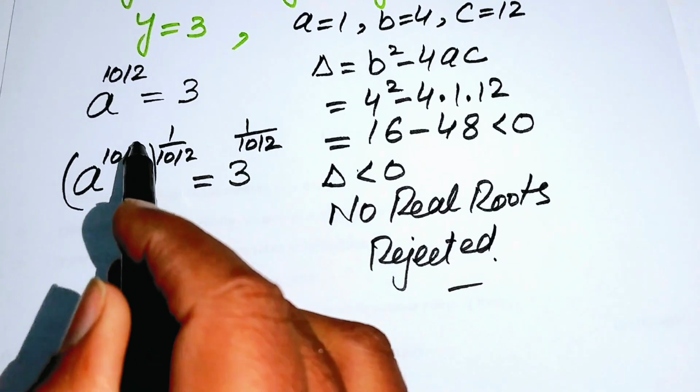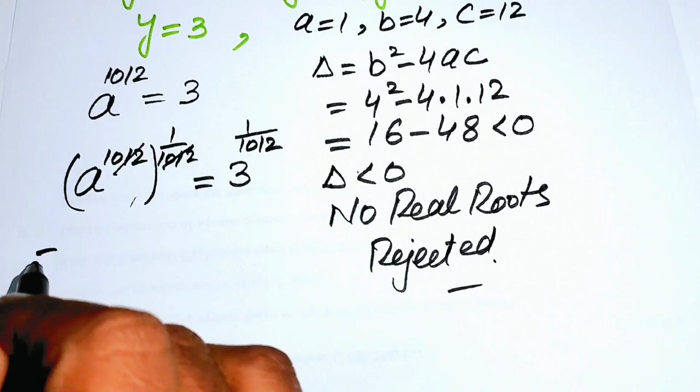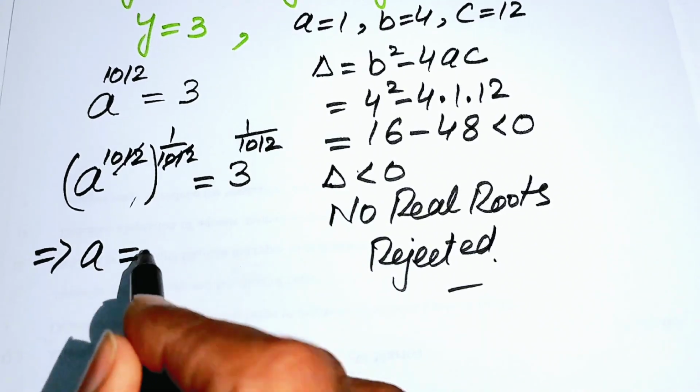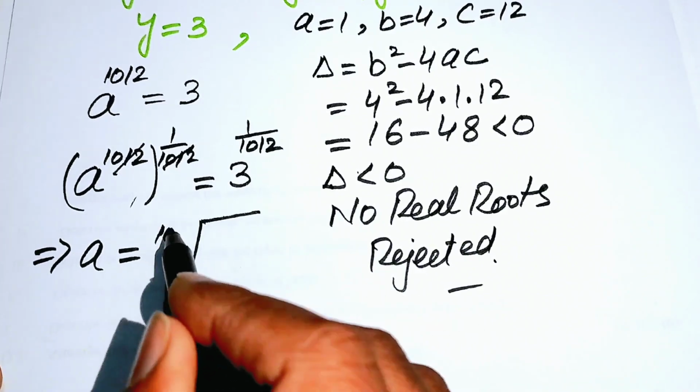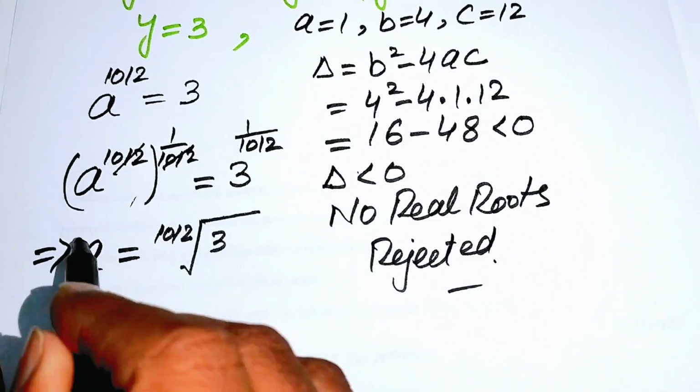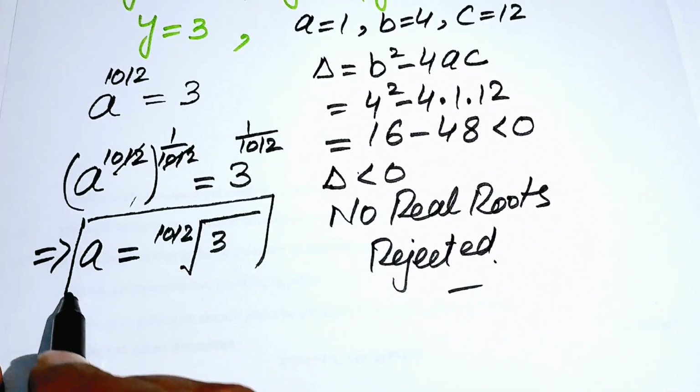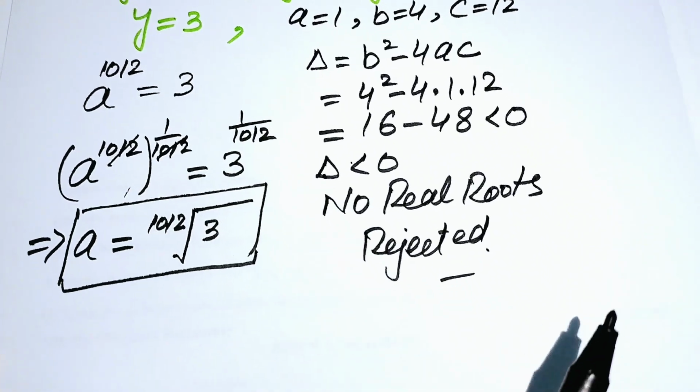So now you see that these cancel each other, and this equation implies that a equals the 1012th root of 3. So this is our final answer to this question.